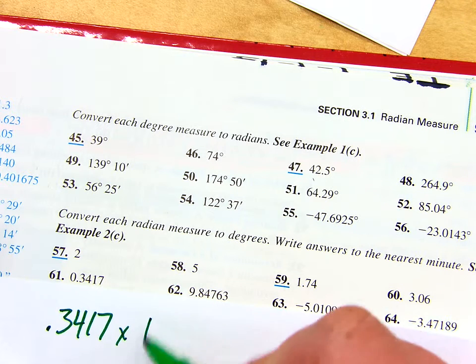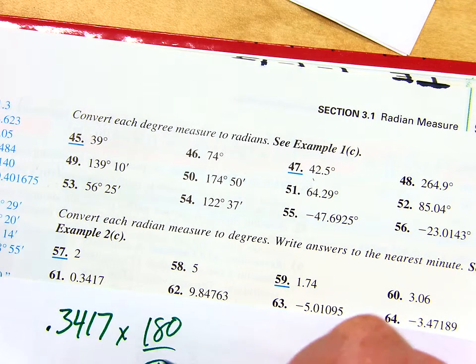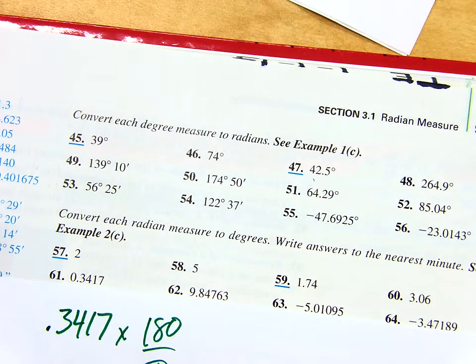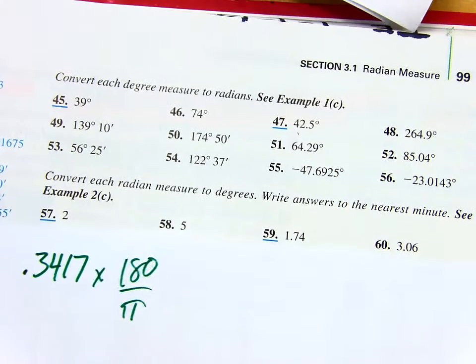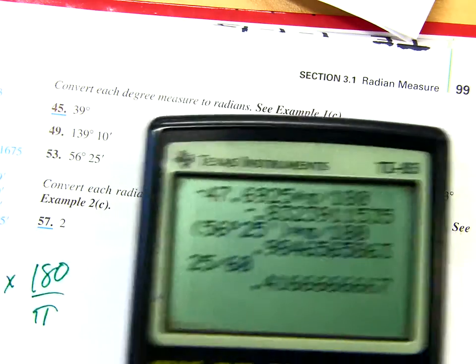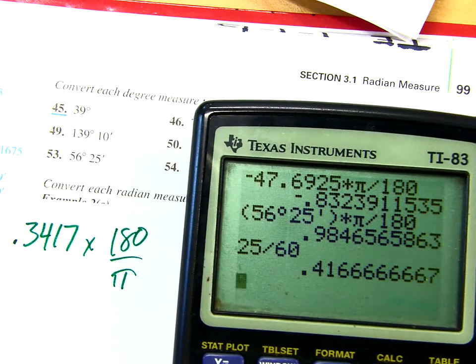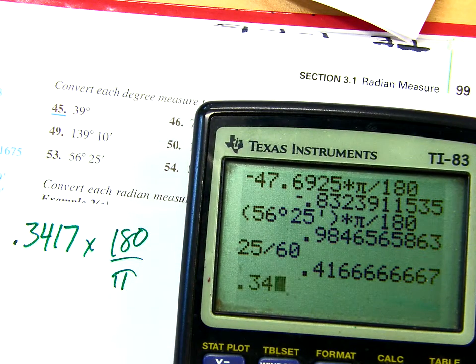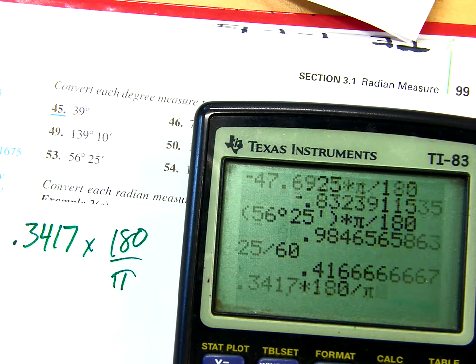Right? Yeah, 180 over pi. Okay, so first I'm going to get my answer as a decimal, and then we'll just convert it back. So, there we go, 0.3417 times 180 divided by pi.